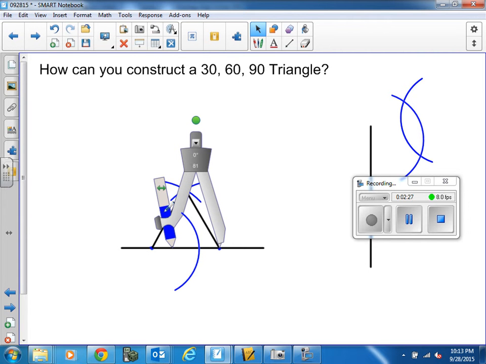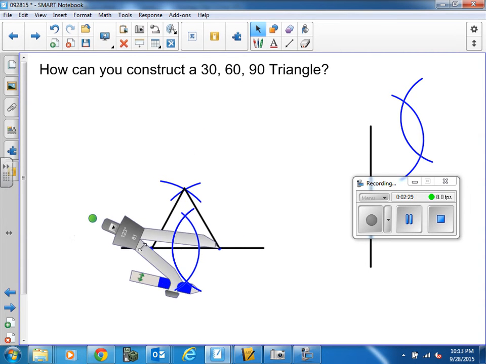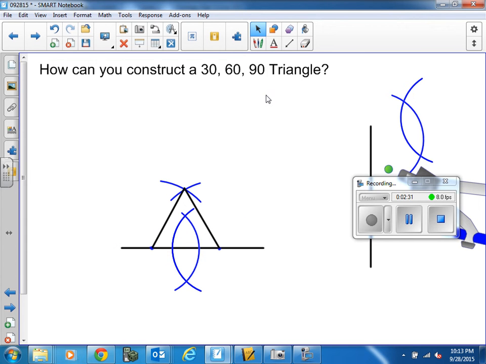But if the construction is done perfectly, your perpendicular bisector should go right through the middle. Now mine's pretty good right here. So I'm going to move this, and that's pretty good.